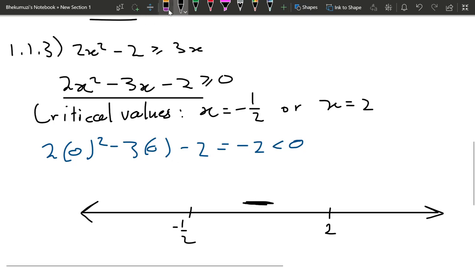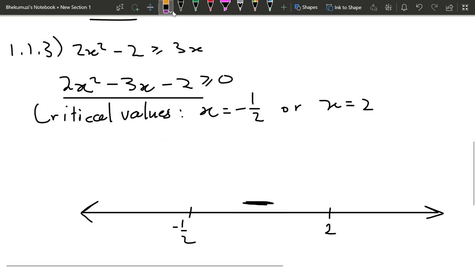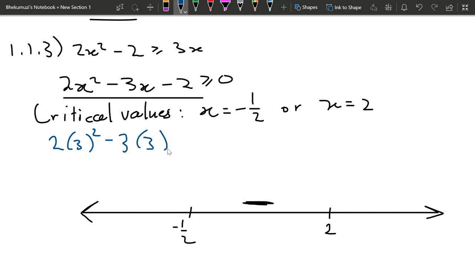Okay, and then we check the other side. Let's look at anything that's greater than 2, so let's try 3. So it's 2 times 3 to the power 2 minus 3 times 3 minus 2. 3 to the power 2 is 9, times 2 is 18, minus 9, minus 2.